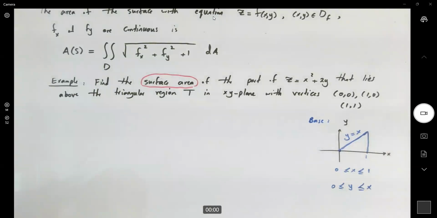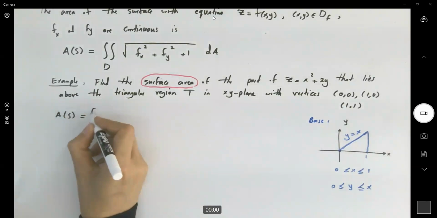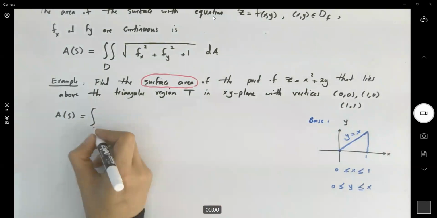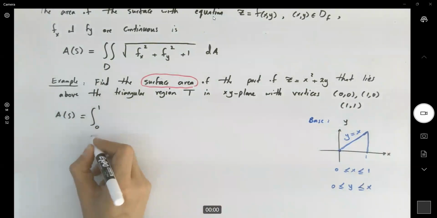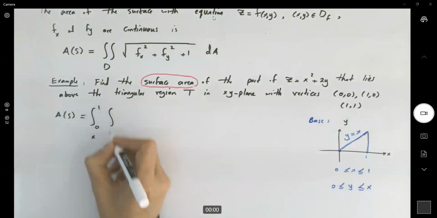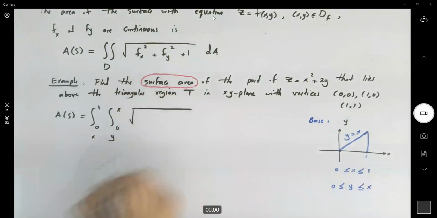Very good. So let's set up the integral of the surface area. Our x is bounded between 0 and 1. The fixed values are associated to the outer integral. And y is bounded between 0 and x. Here you have the radical.